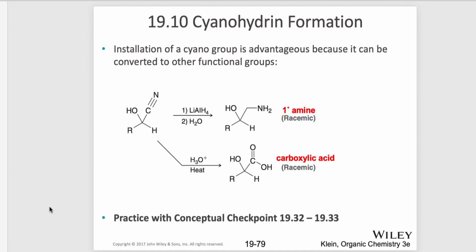And in the cyanohydrin formation, the installation of the cyano group now gives us another tool for functional group interconversion. So here's a follow-up. We now have a cyanohydrin, carbon with an OH group, carbon with a carbon-nitrogen triple bond. So there is a mechanism to this that you can work your way through.